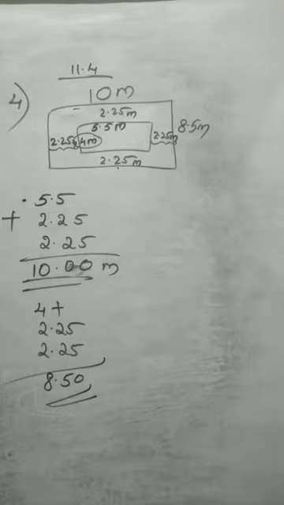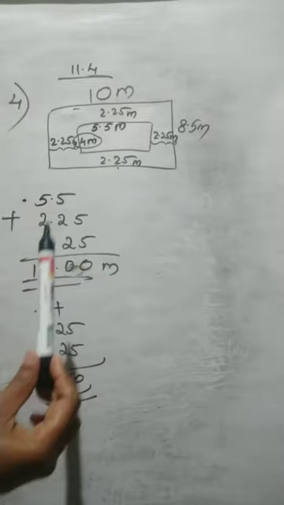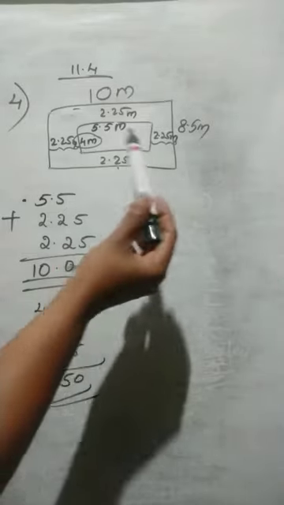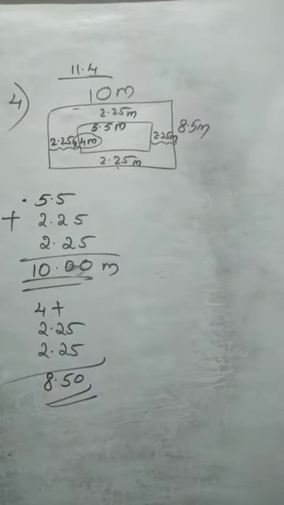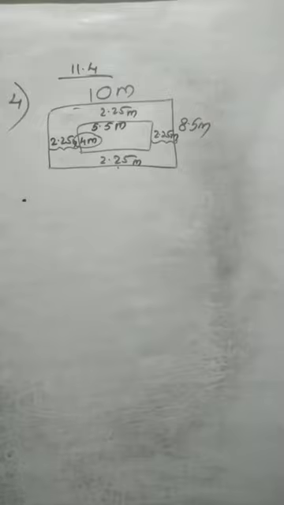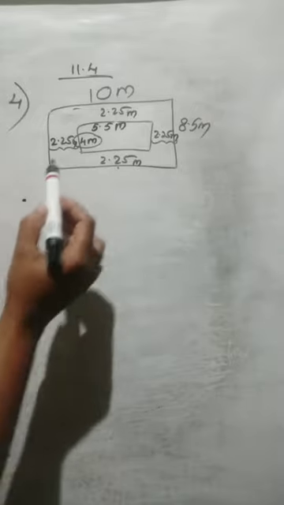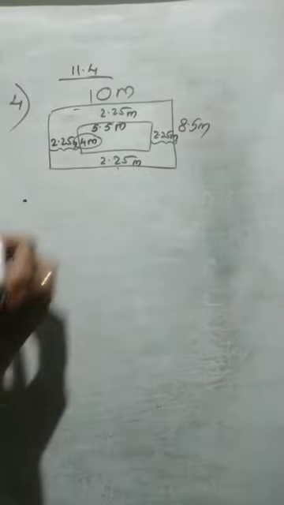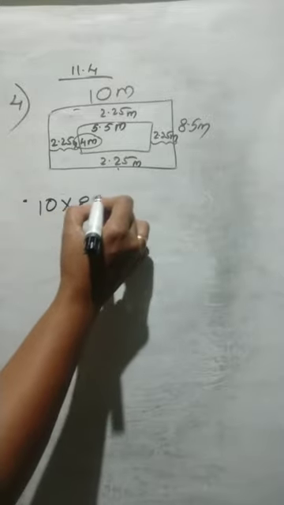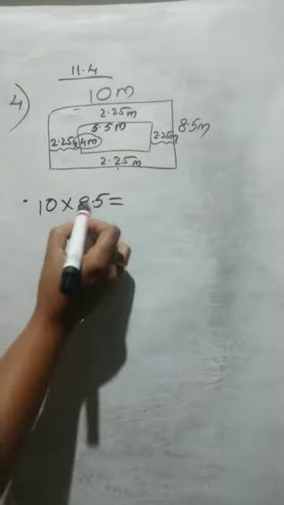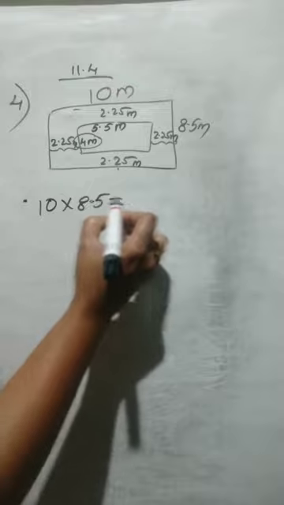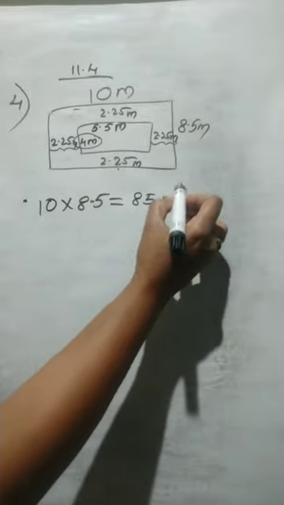Now as usual, we find the outer side area, that is 10 times 8.5, which is 85 meters squared.